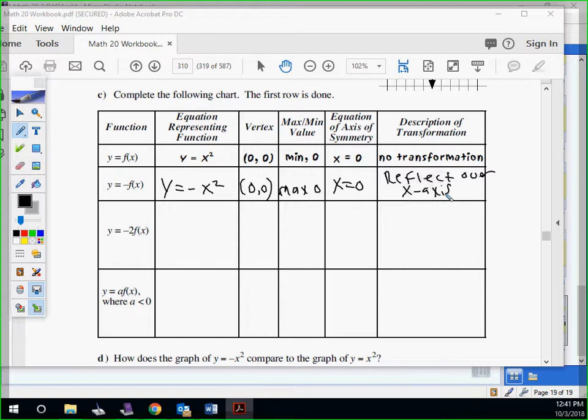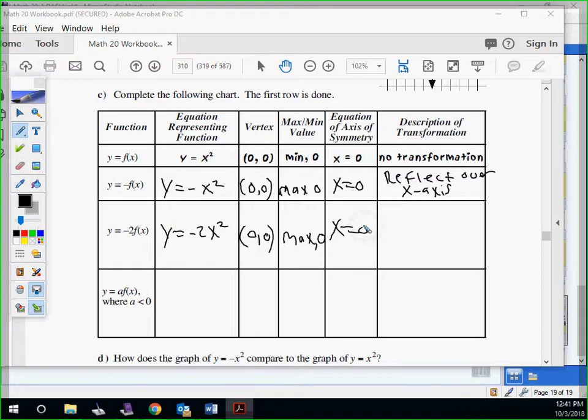So this one, y equals negative 2x squared. Vertex is the same. Okay. And we have max or min value. So our max is 0 still, because it flipped. x equals 0 for the axis of symmetry.